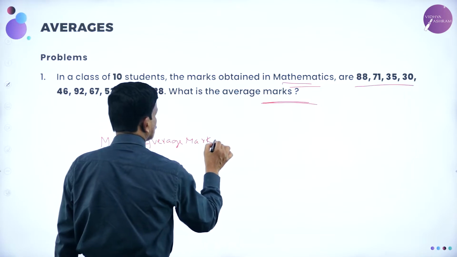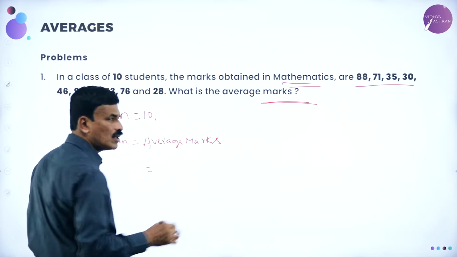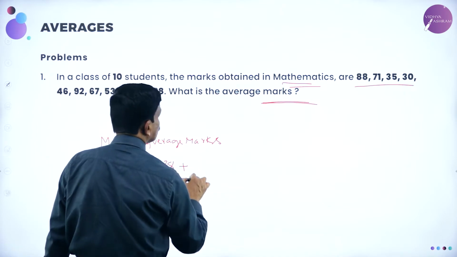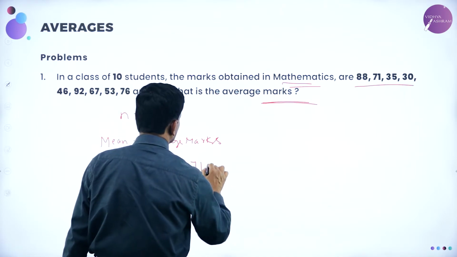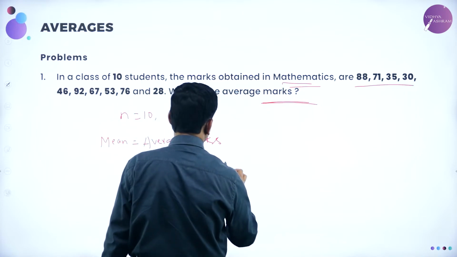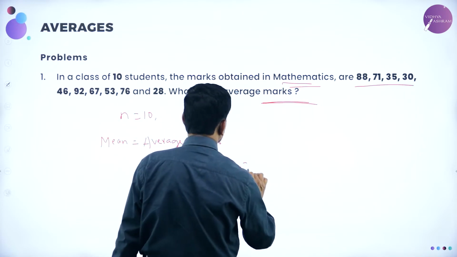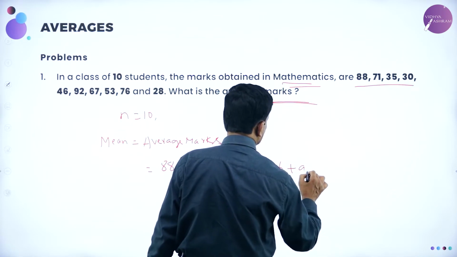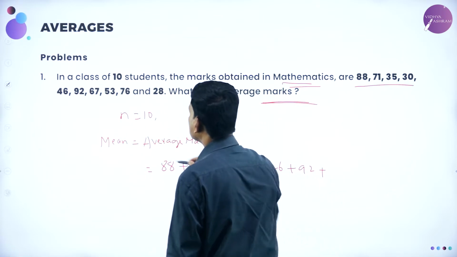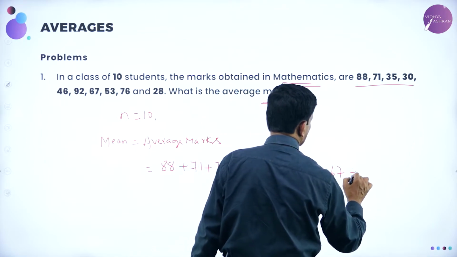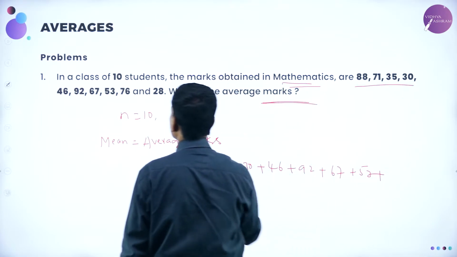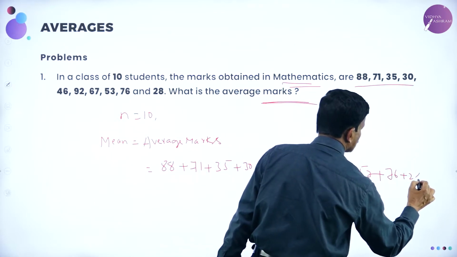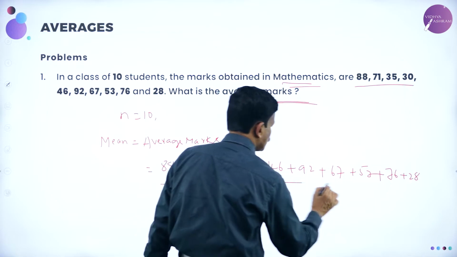Average marks is equal to the sum of all the marks, that is 88 plus 71 plus 35 plus 30 plus 46 plus 92 plus 67 plus 53 plus 76 plus 28, divided by how many there are. There are 10.